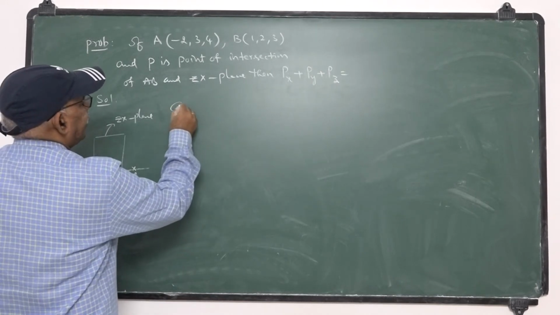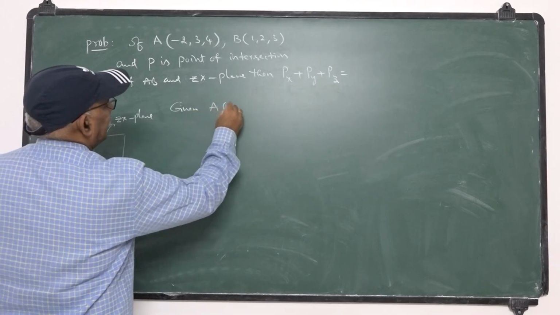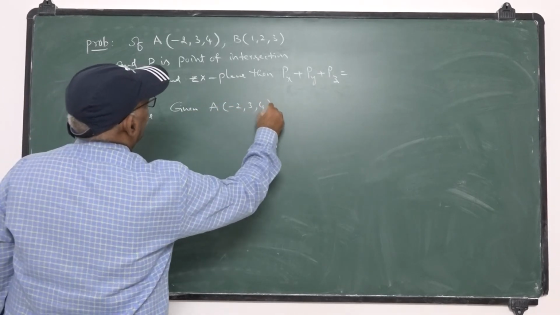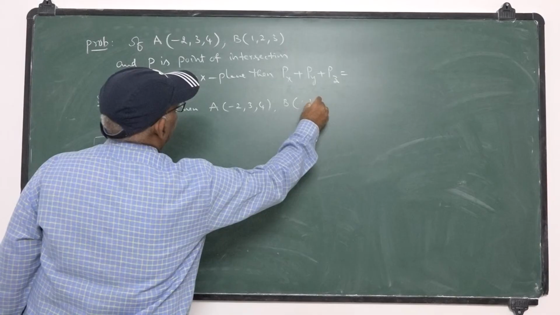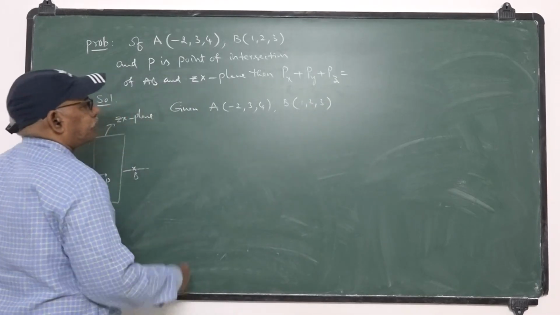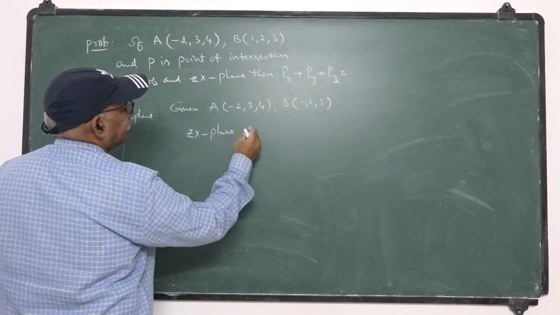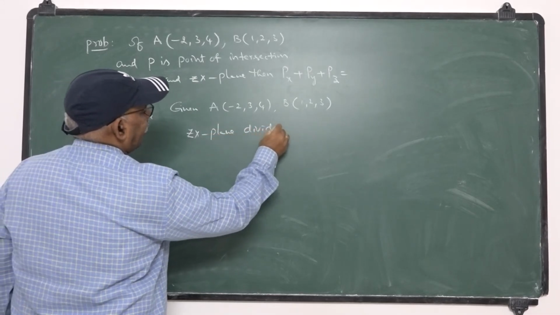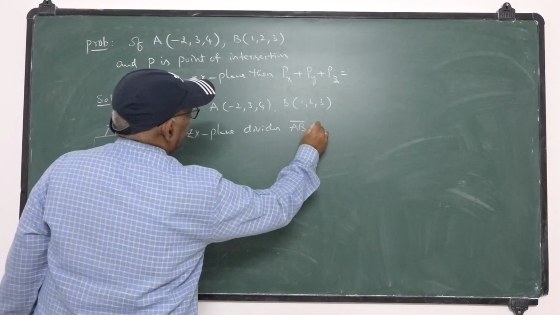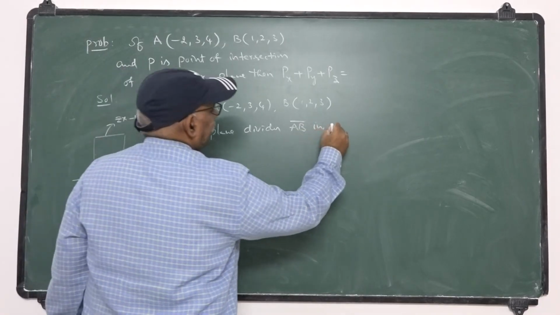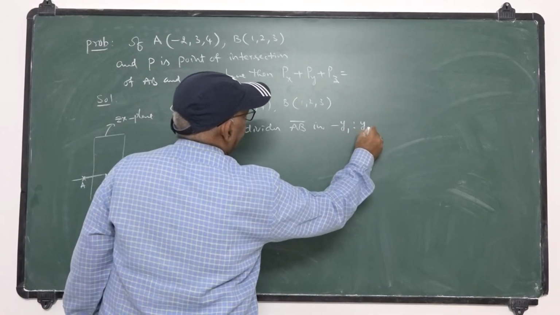So, given A is... The ZX plane divides line segment AB in the ratio minus y1 is to y2.